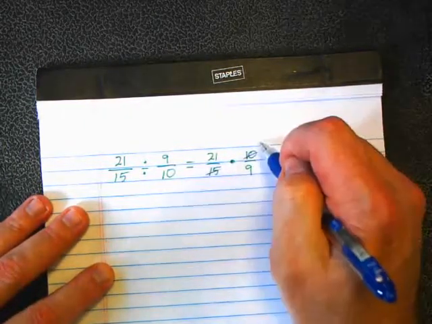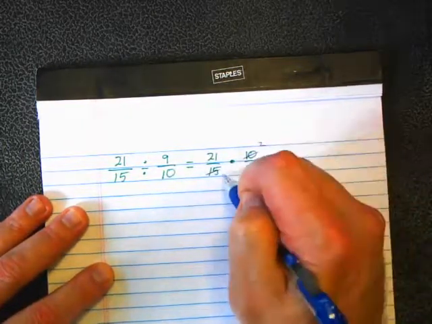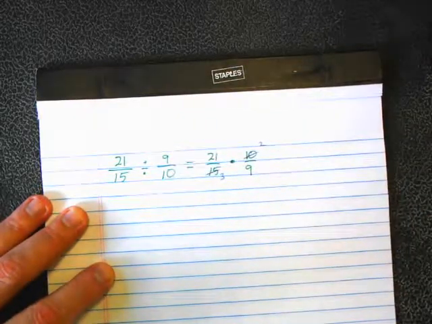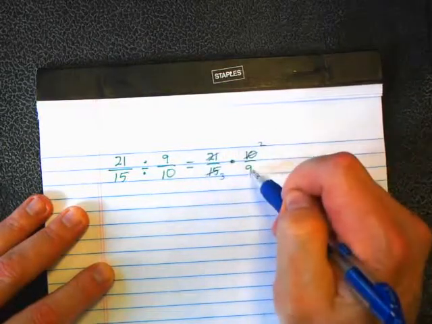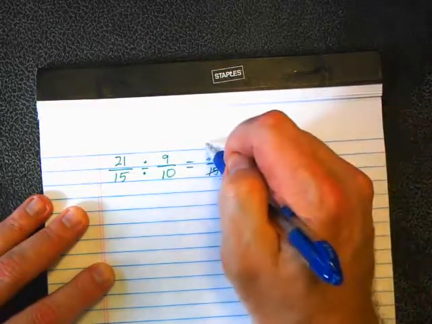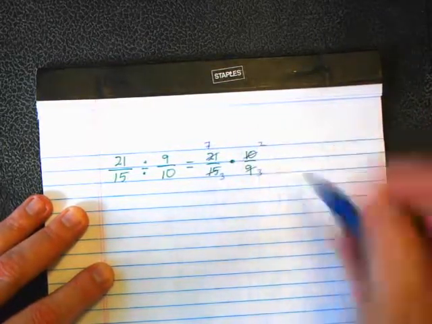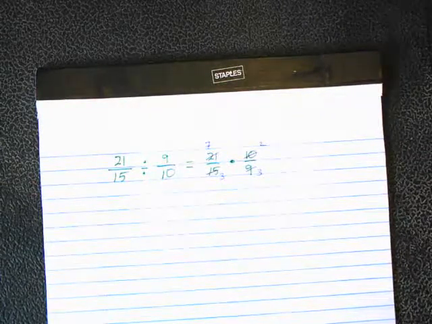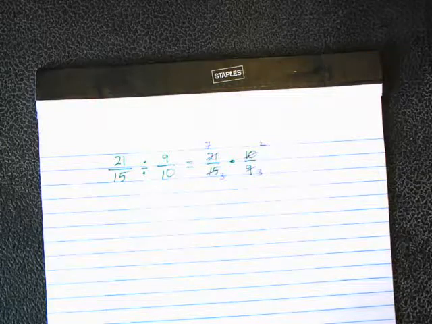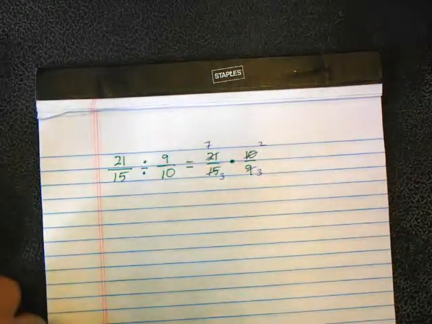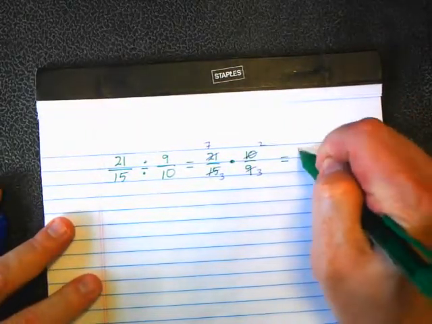Those reduce by 5 to a 2 and 3. What else do I see? 21 and 9 can reduce by 3. That'll give me a 7 and a 3. And I think that's it. I don't see anything else on top that reduces with anything else on bottom. So my final answer is 14 over 9.